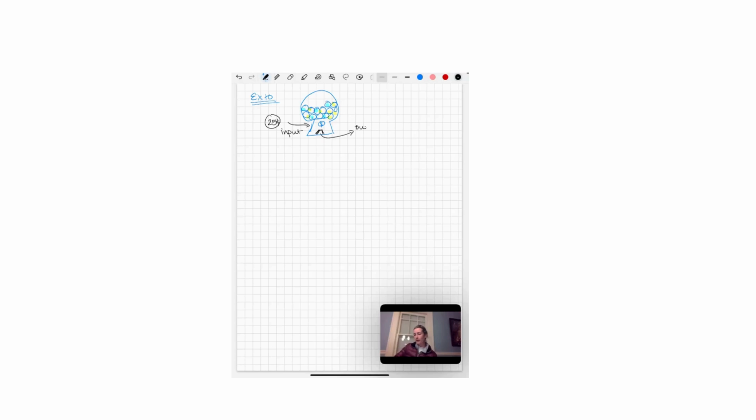Right out here, out of the chute, the output is the gumball, but we're going to pay attention to the color of the gumball. So the input is my quarter. The output we record is the color of the gumball. And as we sign off, I have three questions for you. Is this a function?